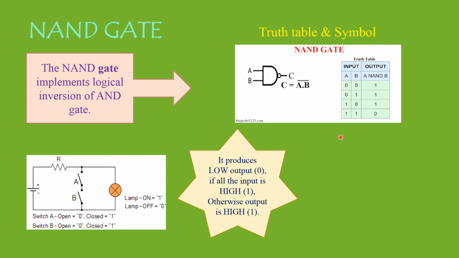Coming to the last condition I've told you, when all my inputs are high, that is when both my switches are closed, remember this will act as a closed path. So in other words, it's the tendency of the electrons to move fast across the closed path. So this will act as a circuit and all your electrons will be flowing through this path and it will get grounded.